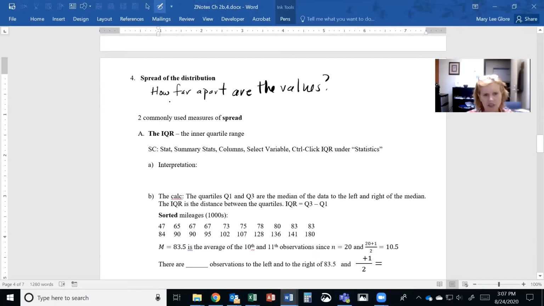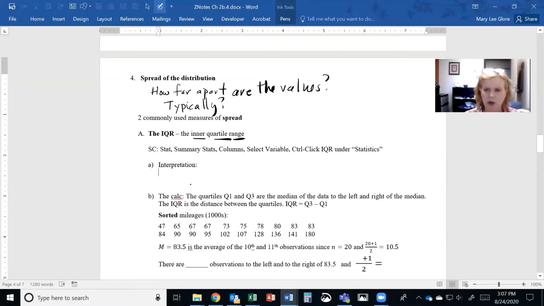And we might think, well, typically, what's going on? So we're going to talk about two common measurements of spread, two statistics. The first statistic, and recall a statistic is a calculation from data, is called the IQR, or the interquartile range.